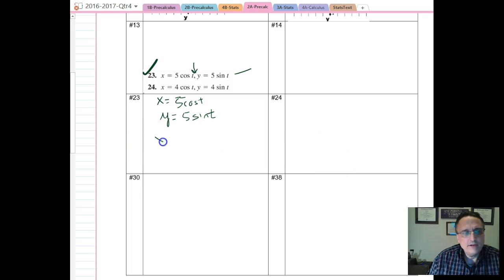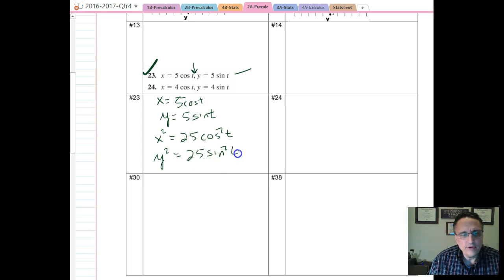If I take the square of both sides of these equations, the x becomes x squared equals 25 cosine squared t. If I square the y equation, I get y squared equals 25 sine squared t.